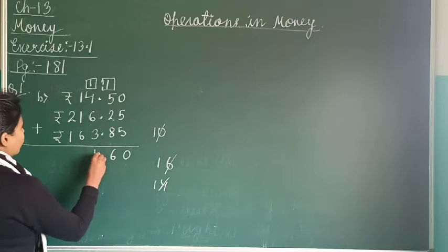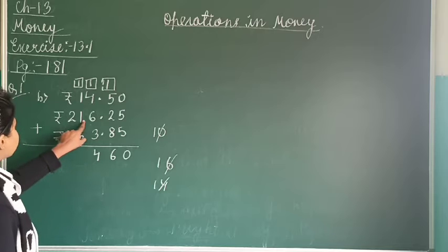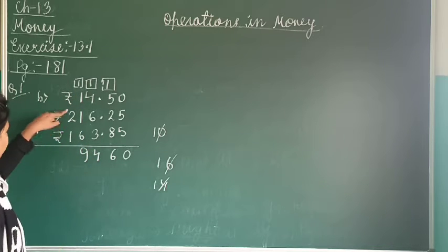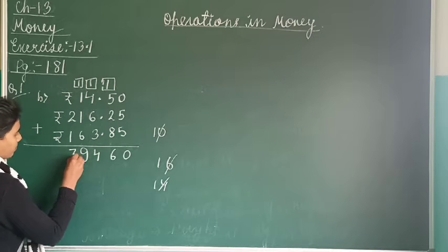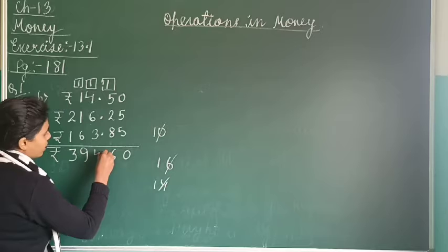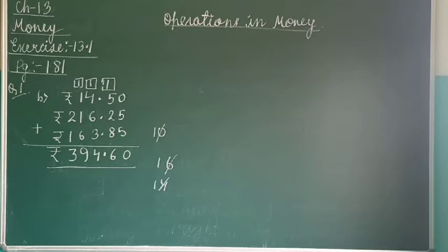Again 1 carry will go over here. Now 6, 7, 8 and 1, 9. And now these two numbers are left, 2 plus 1, 3. Here you write rupees, and in place of decimal you will put decimal. So this is our answer. This is how you have to do addition.